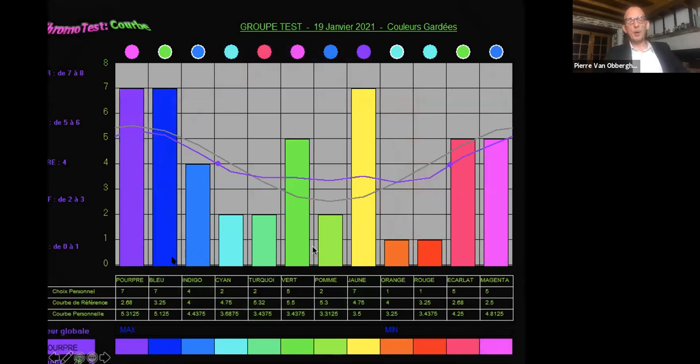So what is our choice of deep blue on the color test we did last week? Oh my God, it's so high. We have deep blue at 7. What does it mean? That means we are looking for oneness. We are looking for harmony. We are looking for synergy. We want to look deep into the subject that we are interested in, like psychology or things like that.